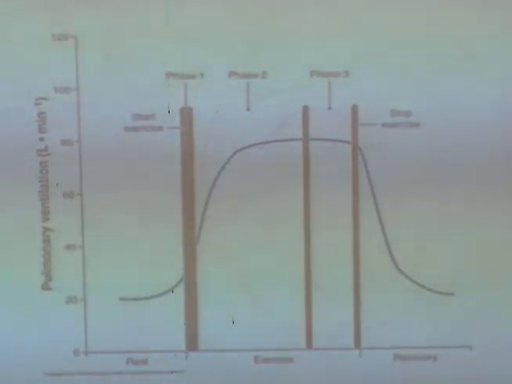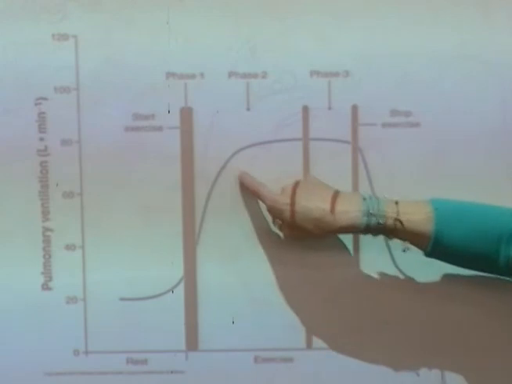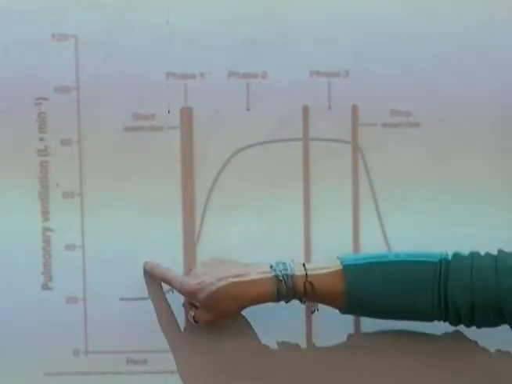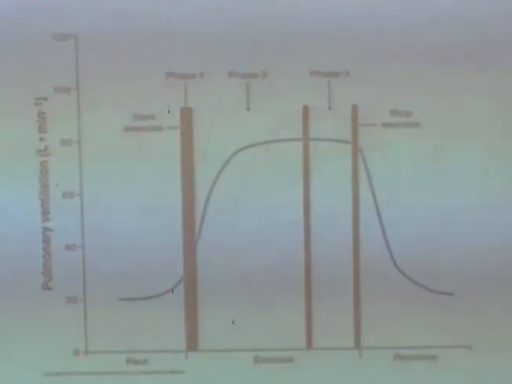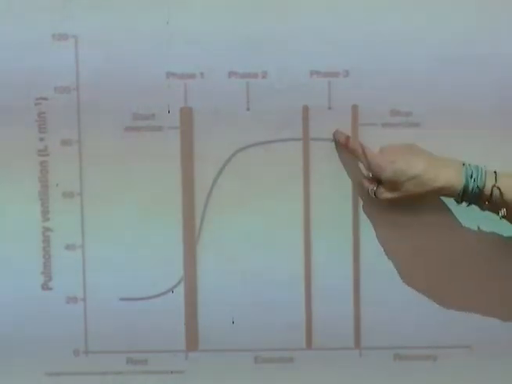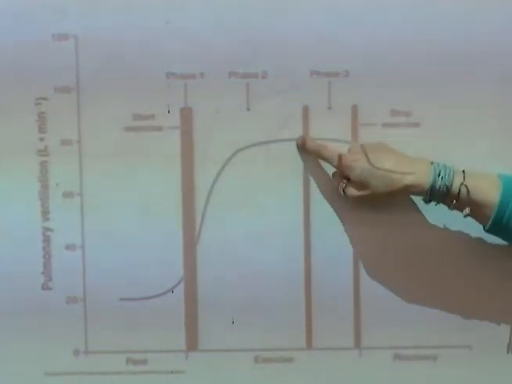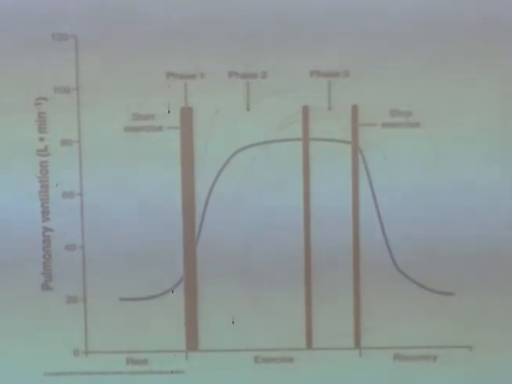So this area of what's going on is related to the carbon dioxide controls and all these respiratory centers. We're not quite as certain what is helping to control the steady state situation.